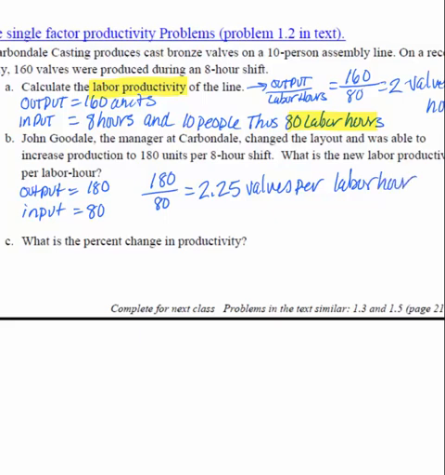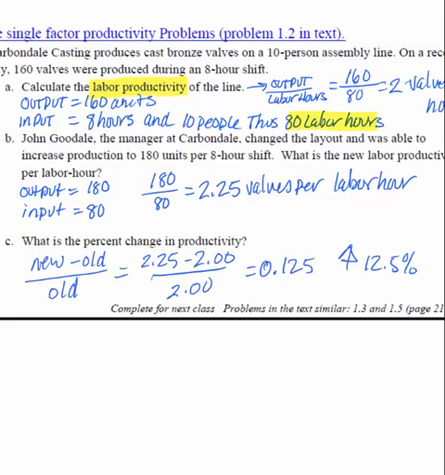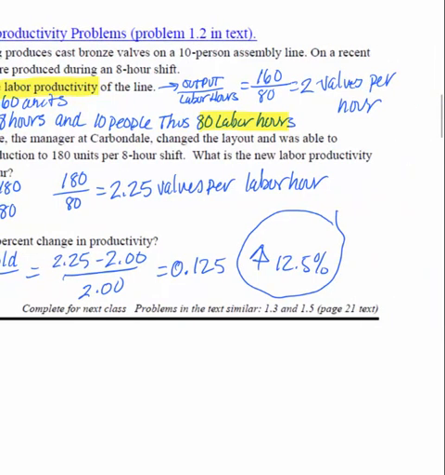So we can then calculate the percent change in productivity by taking new minus old divided by old. We set it up and compute the change. We divide it by 2, because that's the old, and we have an increase in productivity of 12.5%. So now what I'd like you to do is take a few minutes to work these problems here on page 21, problems 1.3 and 1.5.